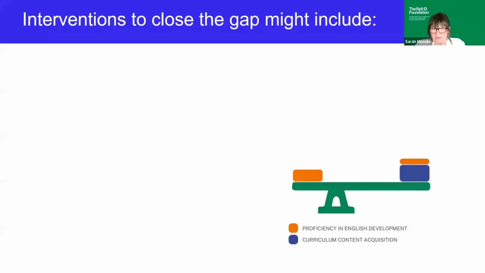So interventions will vary, of course, depending on the individual need of the learner. And it's possible that a learner might receive some interventions out of the mainstream to redress the balance and close the following gaps. To learn to read and write using the Roman script, if this is new or unfamiliar to them, perhaps because of lack of previous schooling or disrupted previous schooling, or coming from a very rural area in a country where they don't use the Roman script.